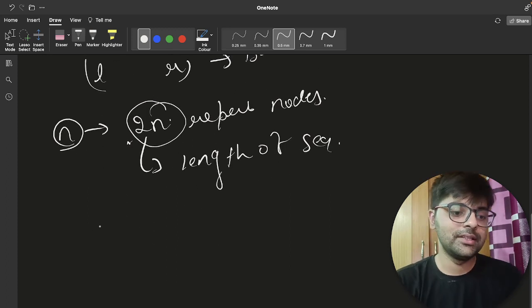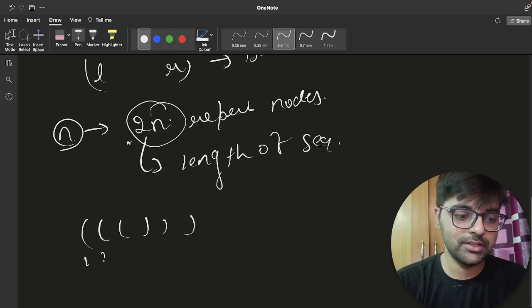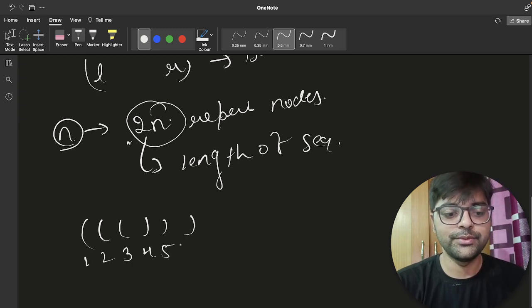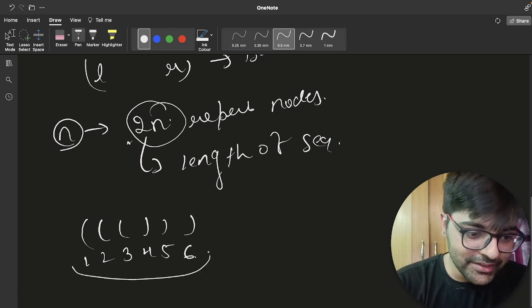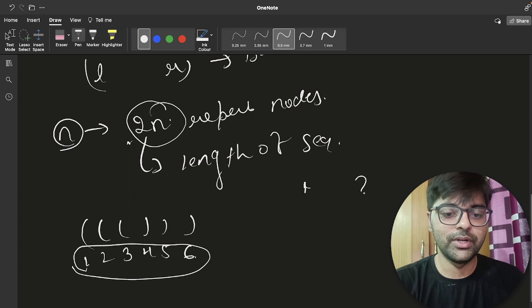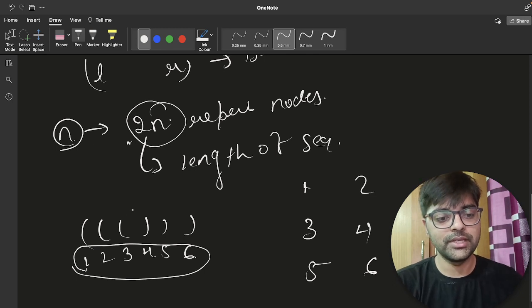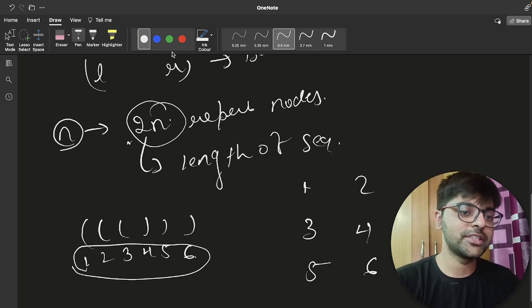So let's say there is a sequence given, with indices 1 2 3 4 5 6. Consider the index as a node of the graph, so there are nodes 1 2 3 4 5 6. Now if you get any balanced bracket sequence as a substring, then there must be an edge.